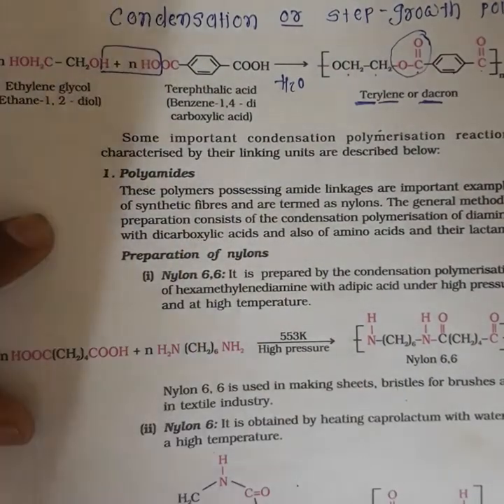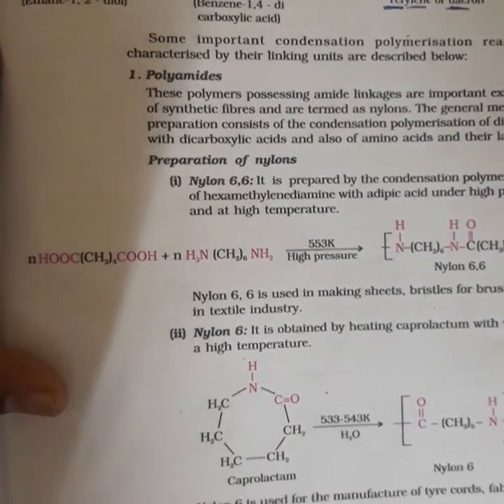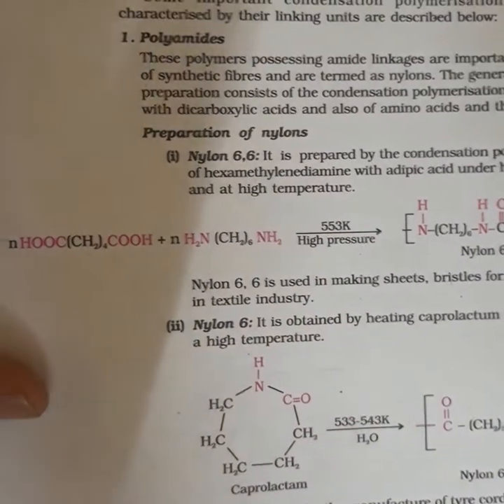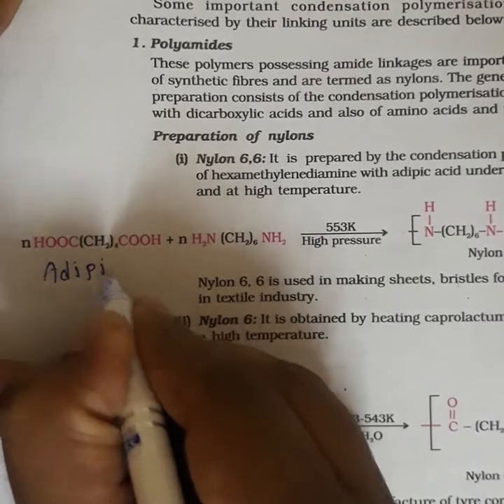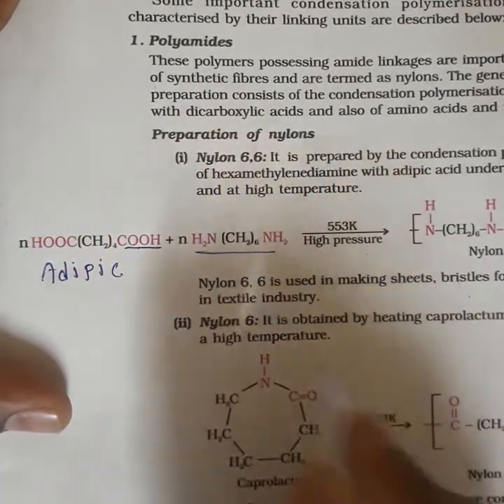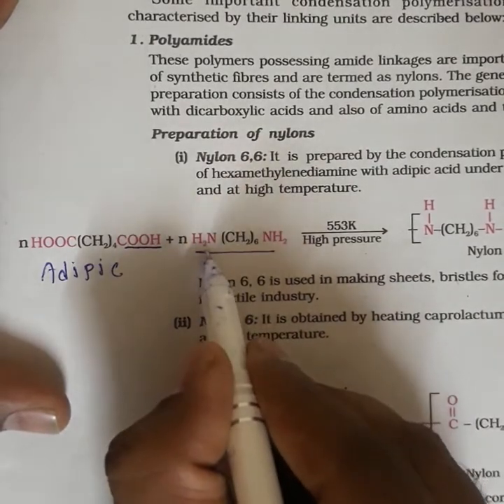Next, polyamides. As we already discussed in a previous video, the first and most important one is nylon 6,6. As the name indicates, 6 carbon atoms from adipic acid, which has carboxylic acid groups, and hexamethylene diamine, which consists of amine groups.